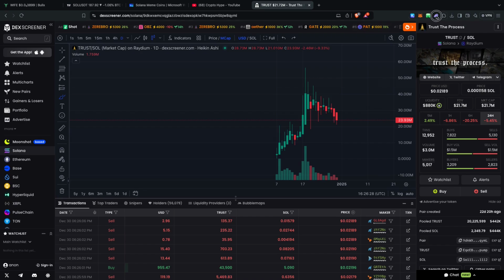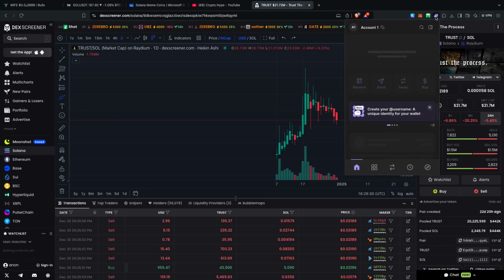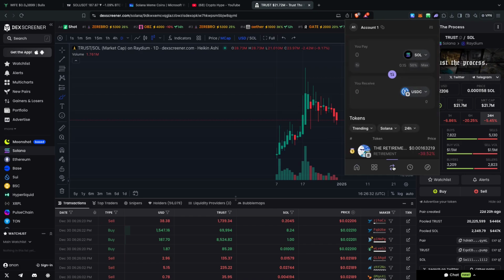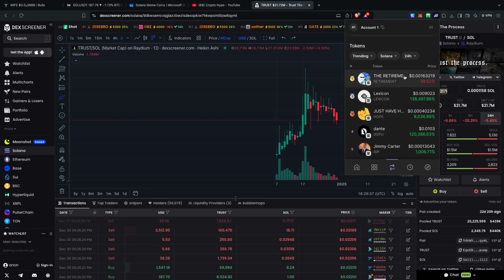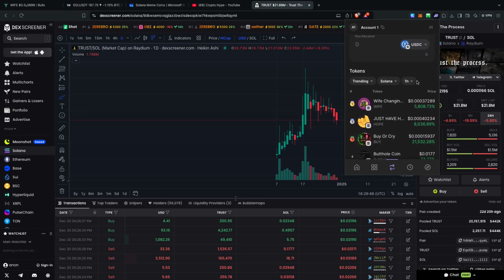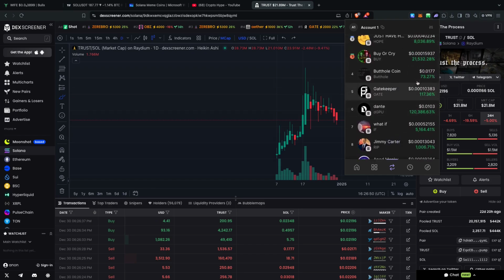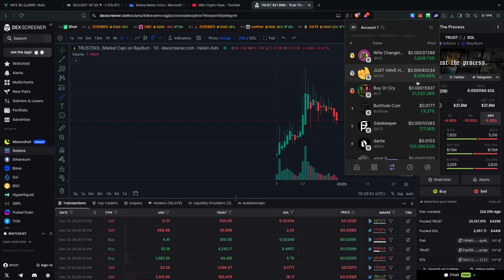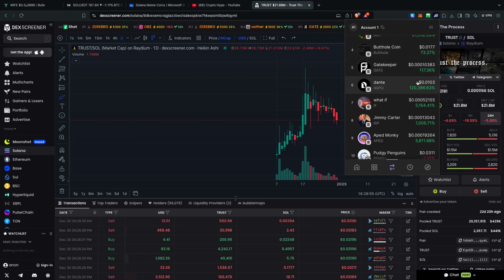Okay, so now getting back to our topic, my emphasis is it depends on what your goal is and what you really want to do. So if, for example, you just want to find a trade to trade today, take a look at the 1 hour. When you take a look at the 1 hour, just browse through all the different types of coins. The goodness about using the trending tab in Phantom Wallet is you're not going to be overwhelmed by a lot of options, because a lot of you guys have got analysis paralysis.